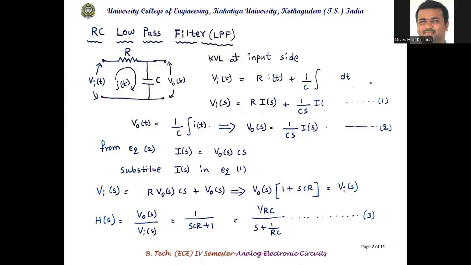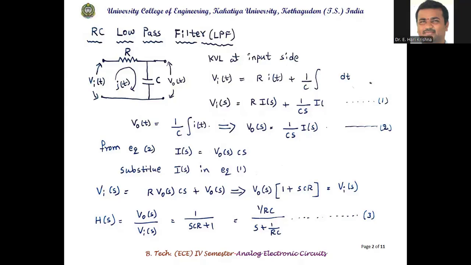From equation 2, I of s is equal to V naught of s into Cs. Substitute I of s in equation number 1 gives Vi of s is equal to R into V naught of s into Cs plus V naught of s. Taking common V naught of s in this equation, V naught of s into 1 plus sCR is equal to Vi of s.